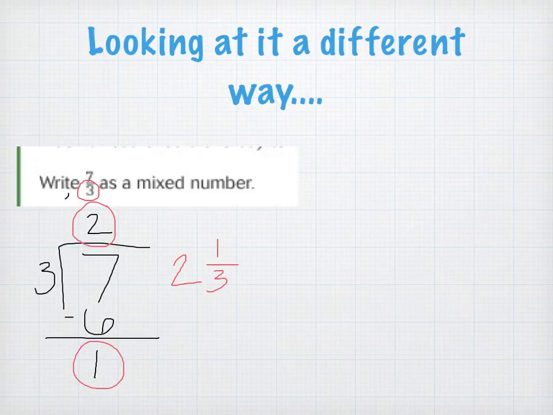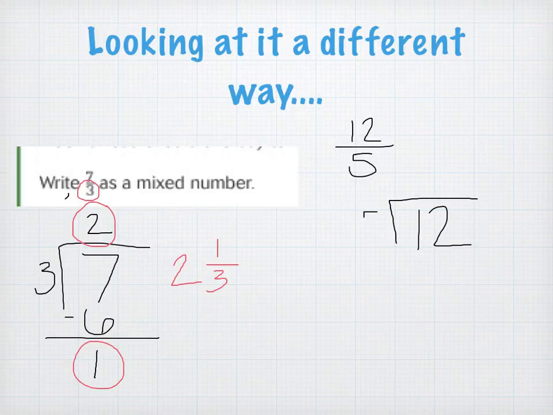If we practice this again, I'm going to use the fraction 12/5. I'm going to divide 12, which is my numerator, by the denominator, 5. 5 goes into 12 2 whole times. 2 times 5 is 10.